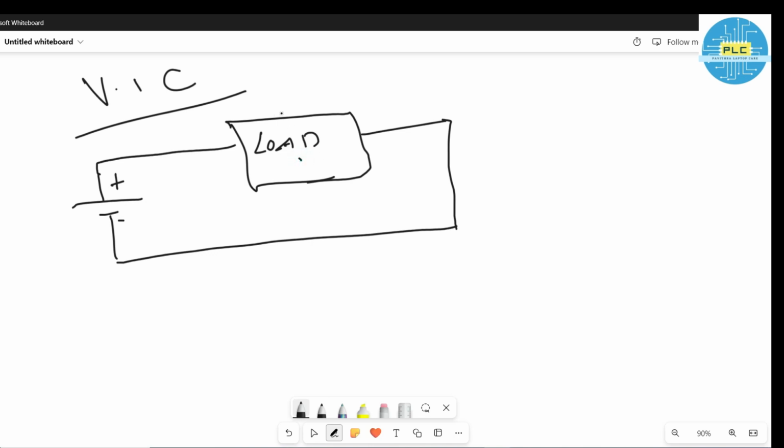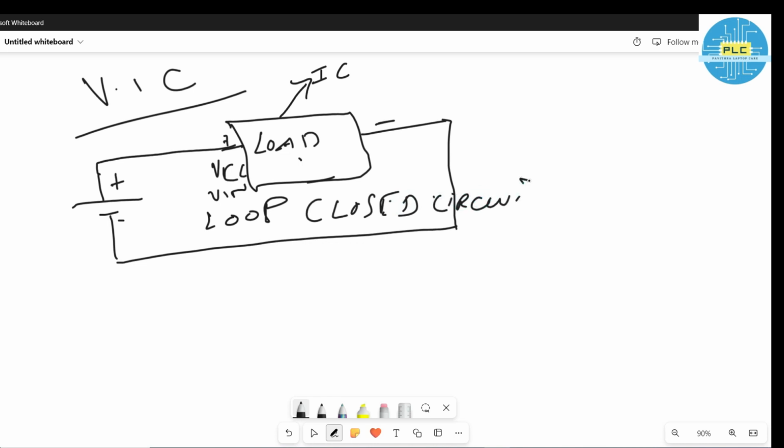Consider this load is an IC, an integrated circuit. See, one is completed, right? This is called VCC or V in. One positive should be there and negative should be there. Once the loop is closed, then it's called a closed circuit.